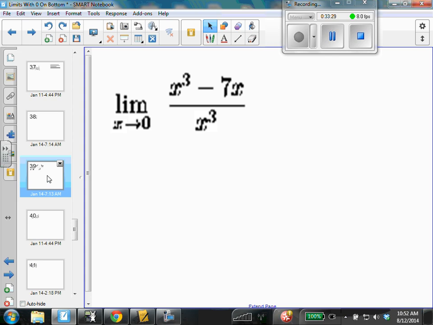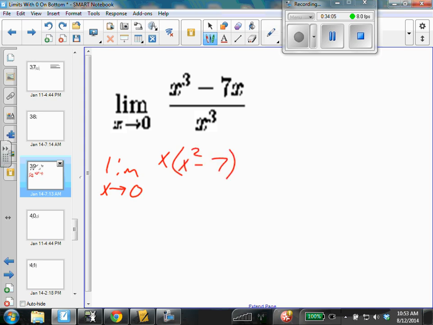The limit as x approaches 0 of x cubed minus 7x over x cubed. Plug in and yeah, very good. Take an x out on the top, and now this is x squared minus 7, right?